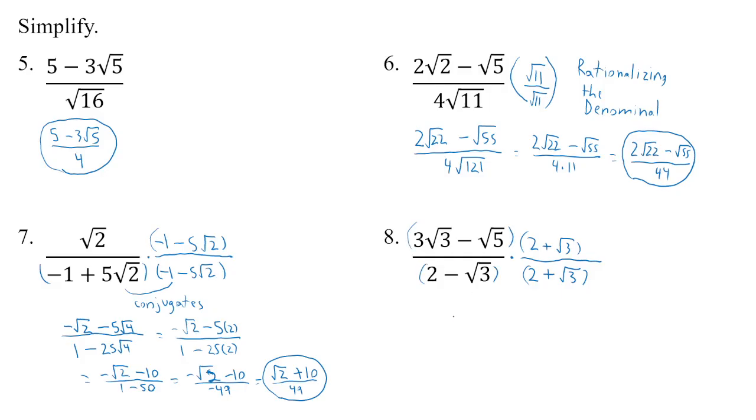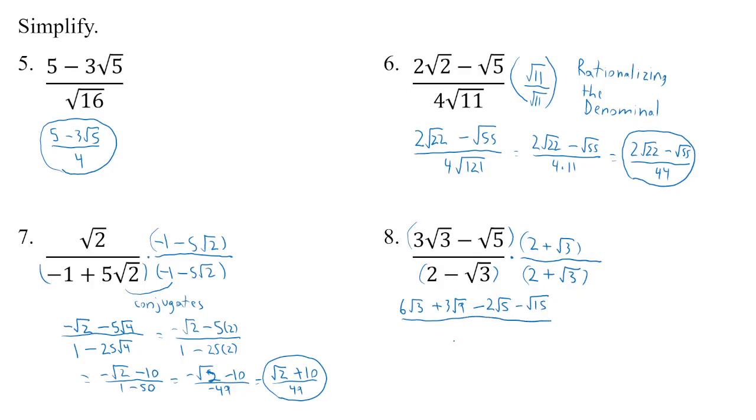So now we're going to do our multiplications. FOIL method. We have 6 times the square root of 3 plus 3 times the square root of 9 minus 2 times the square root of 5 minus the square root of 15.